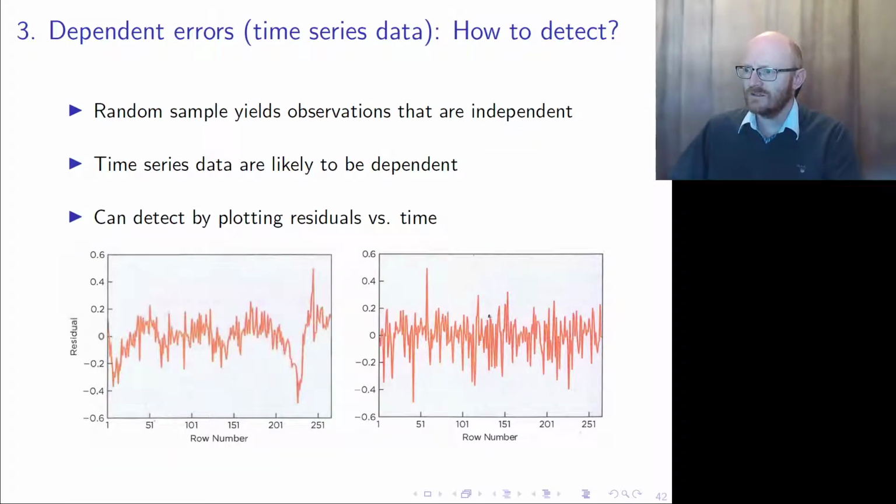Okay, so the last problem is dependent errors. For example, in time series data, you have these tables with dates, for each date it can be day 1 and day 2 and so on, and these would often be numbers.